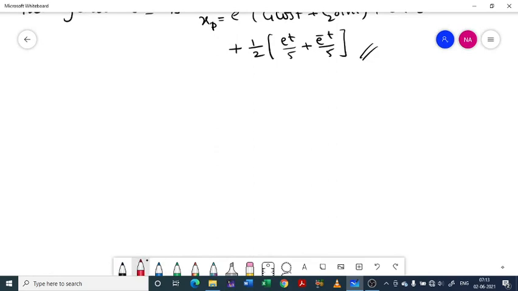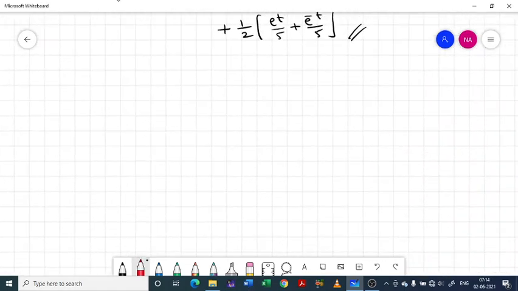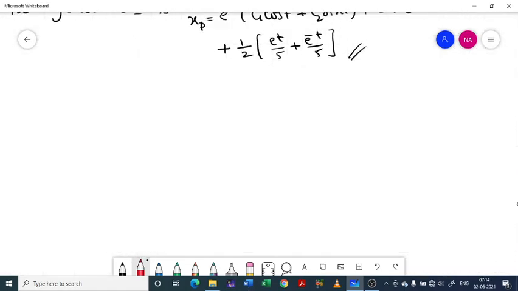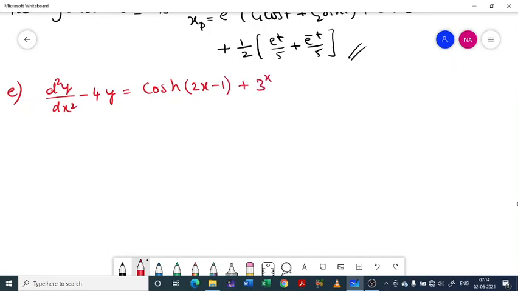Now it is problem E. The problem statement is d²y/dx² − 4y = cosh(2x − 1) + 3ˣ. Solution.